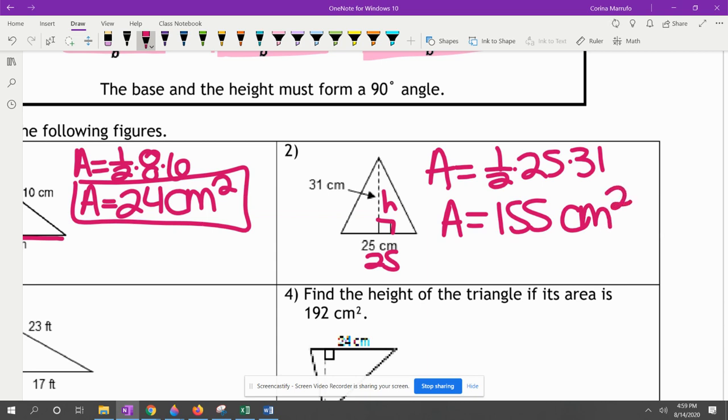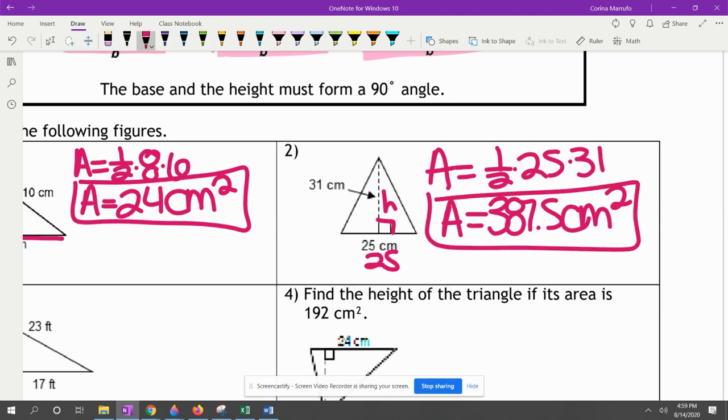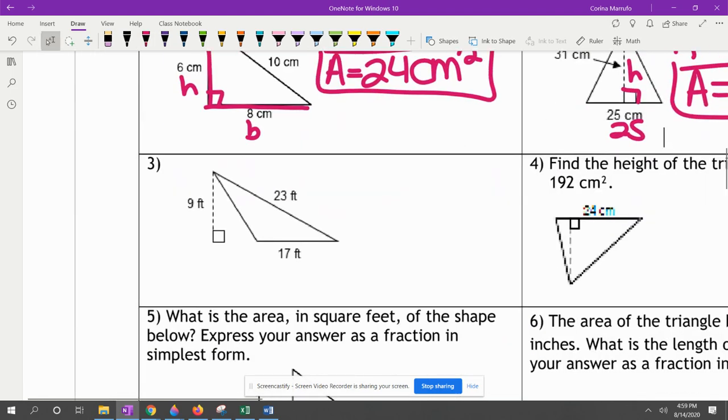Oh wait, sorry, that is not what it gives you. I put in the calculator wrong. It's 387.5. Let's go ahead and fix that. 387.5. All right.